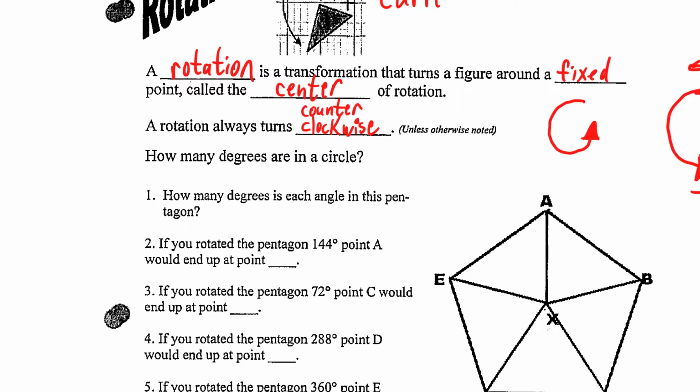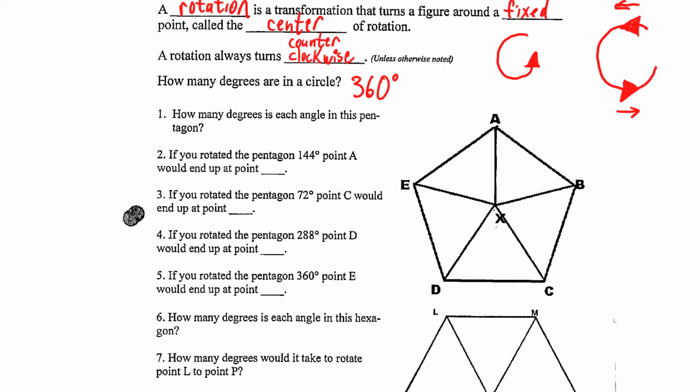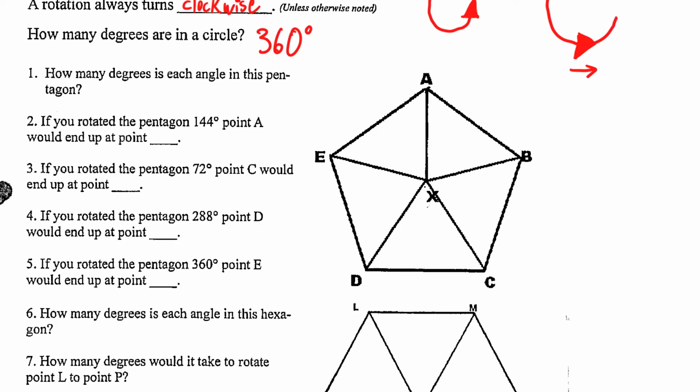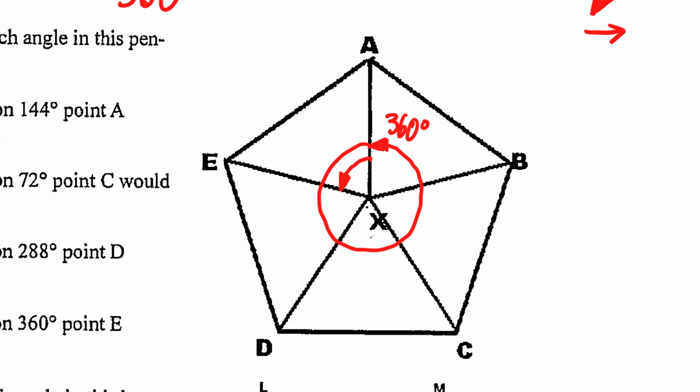Okay, how many degrees are in a circle? 360 degrees are in a circle, like from what we did in our last unit. Okay, so number one says how many degrees are in each angle of this pentagon? If all of these are the same, the whole thing from here to here is 360. What I want to know is how many degrees it is from there to there. If you go the whole way, it's 360.